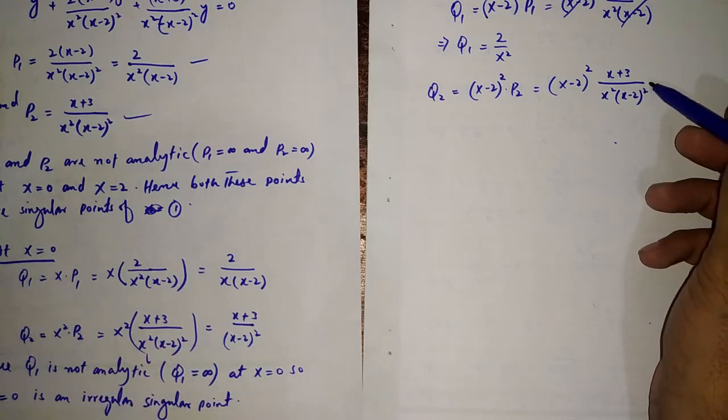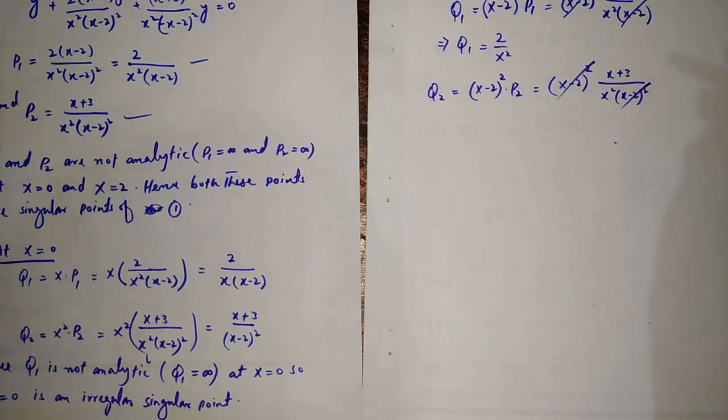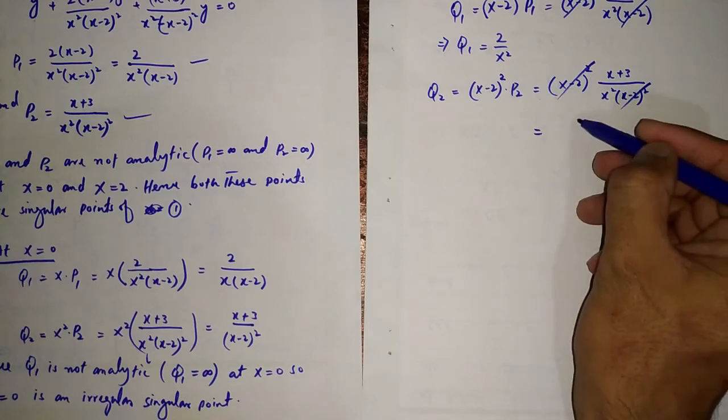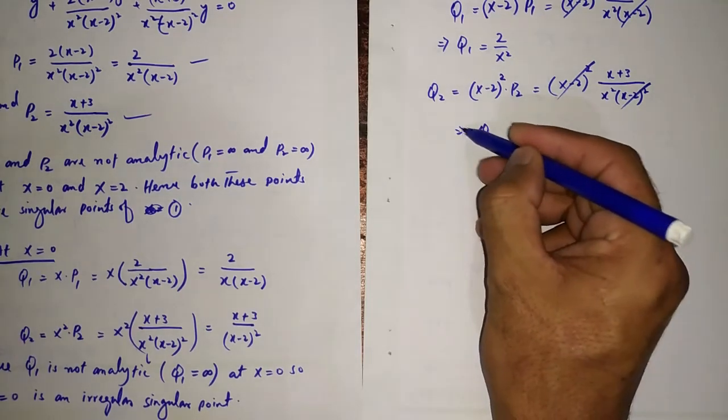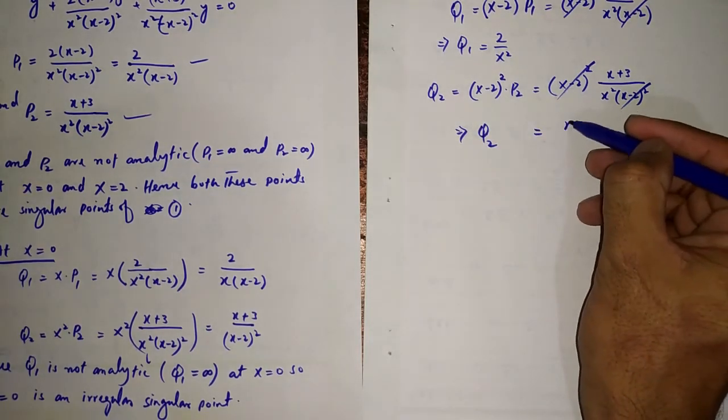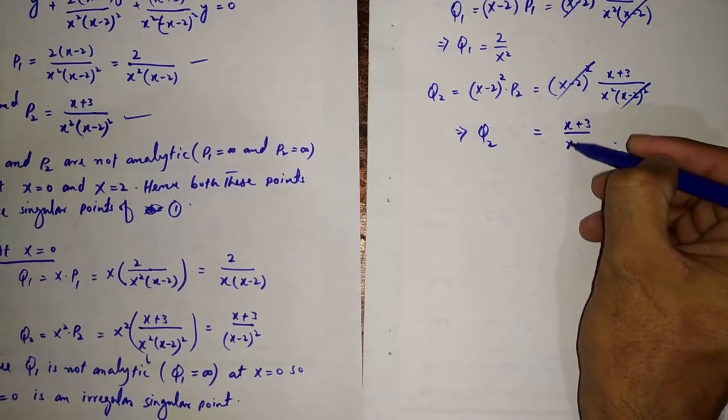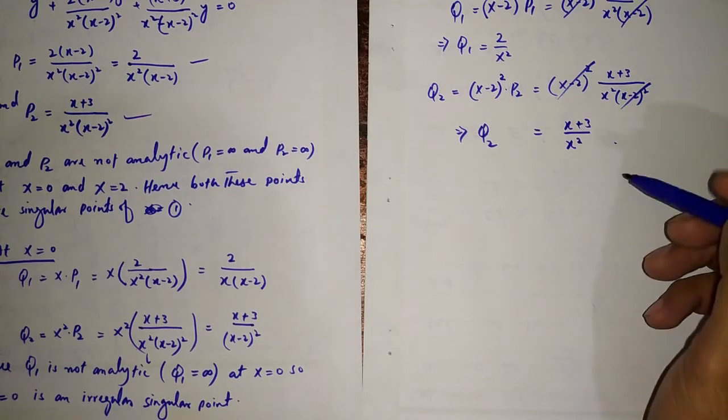So this x minus 2 whole square cancels, and therefore Q2 is equal to x plus 3 divided by x square. Clear?